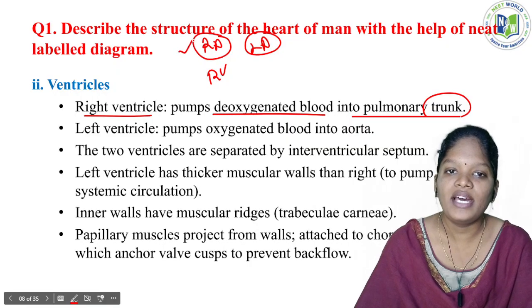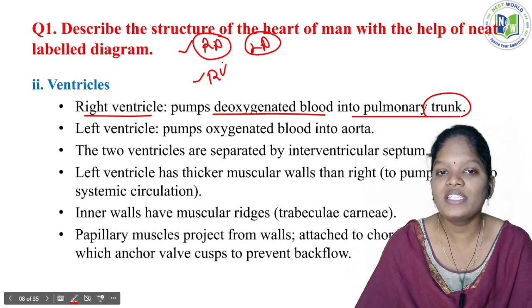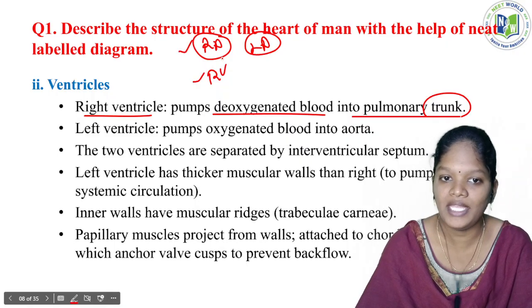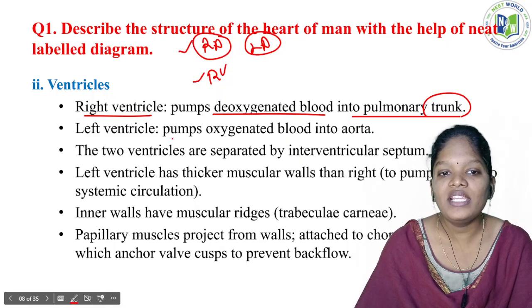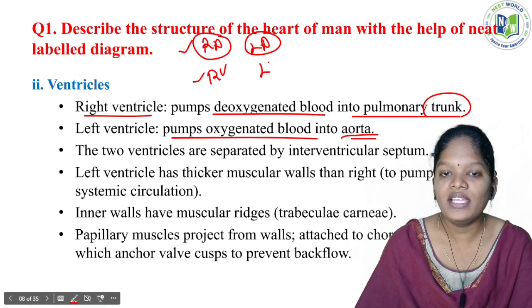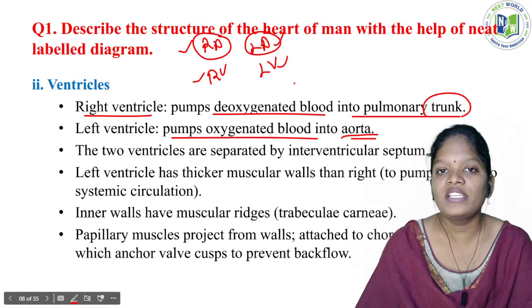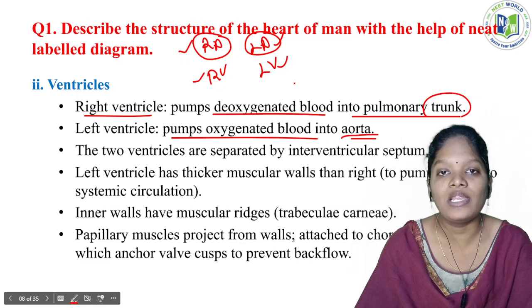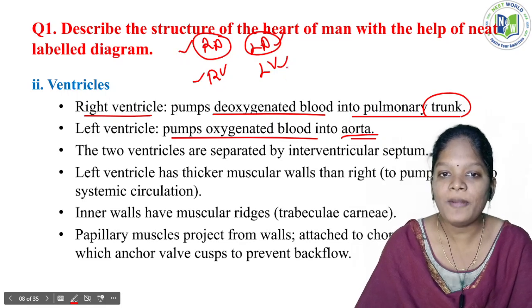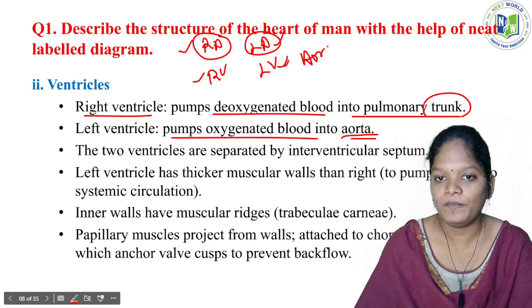So the right atrium and the right ventricle are filled with deoxygenated blood only. The left ventricle pumps the oxygenated blood into the aorta. Again, the left atrium and the left ventricle are filled with which type of blood? Oxygenated blood. So from the left ventricle the blood enters the aorta.